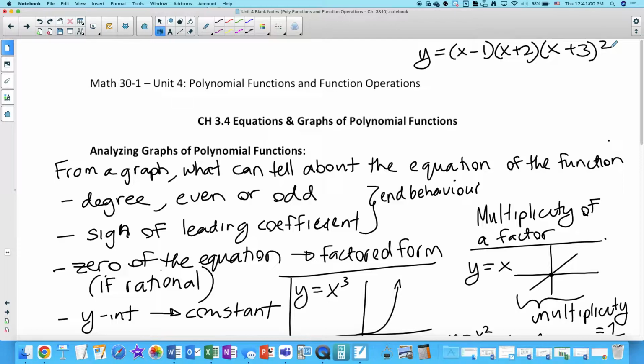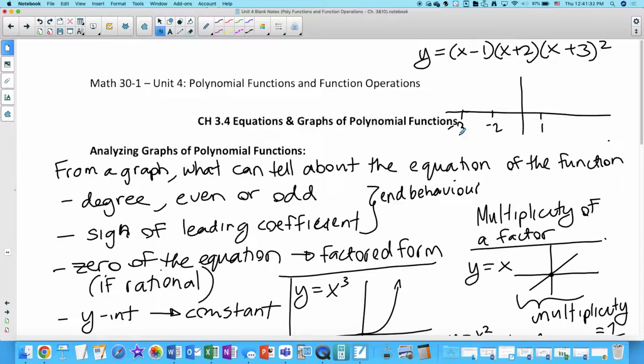Now, what is that going to look like? Well, you kind of have to analyze a few things. When I'm graphing this, the first thing I think about is where are the zeros? They're going to happen at 1, -2, -3. Then I'm also going to think, what's the degree? It's degree 4. Leading coefficient, positive or negative?